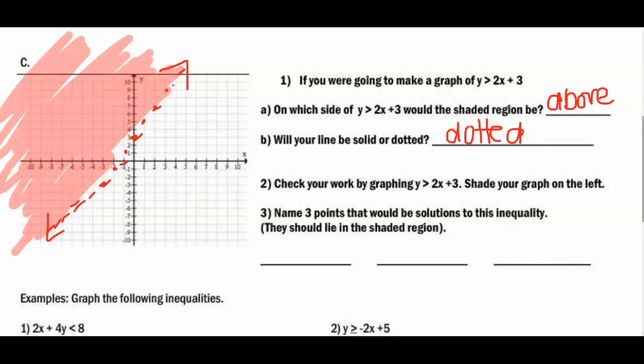Let's pick 3 points and determine if they work or don't work. So just like before, I'm going to pick a point above, below, and on. So for above, just to be funny, we'll do negative 4, 0.